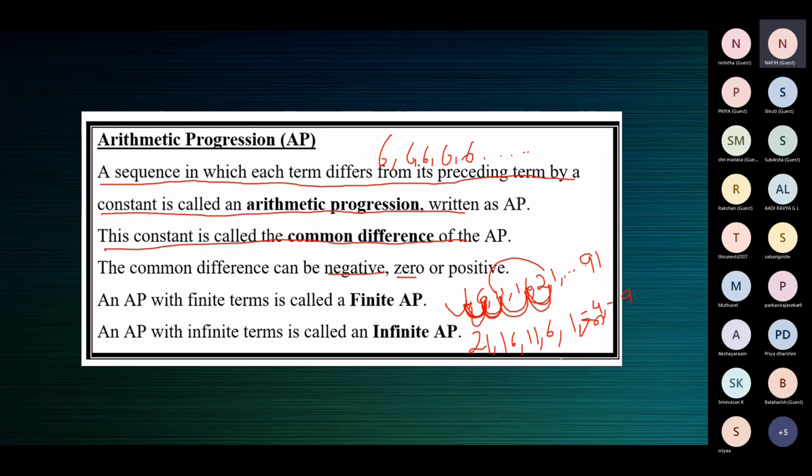So now when you write the numbers in the reverse order, you can see that the common difference is negative: 21, 16, 11, 6, 1, then -4, -9, and so on.